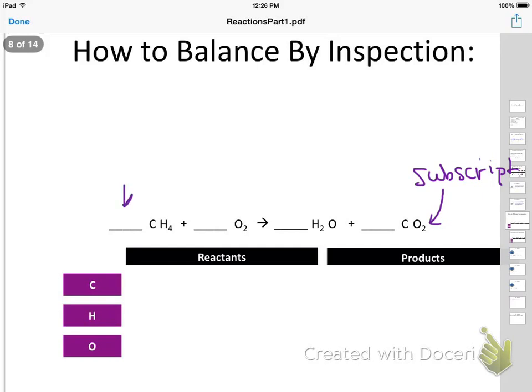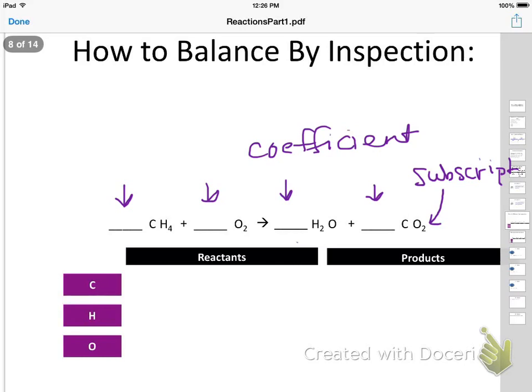These lines in front of each compound or element, we can put a number in, and when we put that number in, we call it a coefficient. And our goal is going to be to put coefficients in each of these blanks until we have the correct number of atoms on each side of the equation.